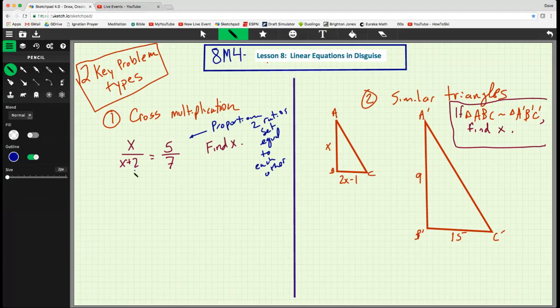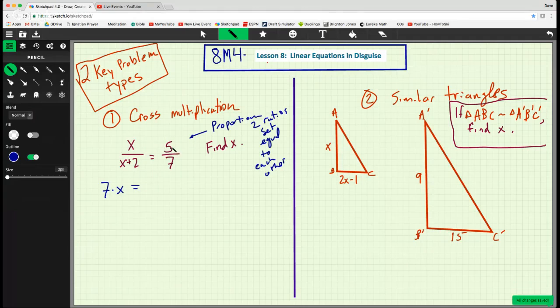We take 7 times x and we get 7x on the left side. And on the right side, we get x plus 2 times 5. Now remember, you have to multiply the whole numerator times the whole denominator. So we have to remember that these are really parenthesized like this.